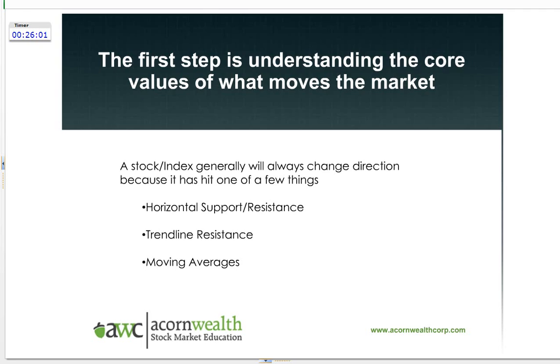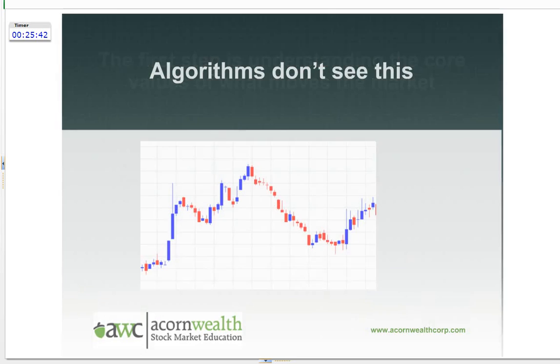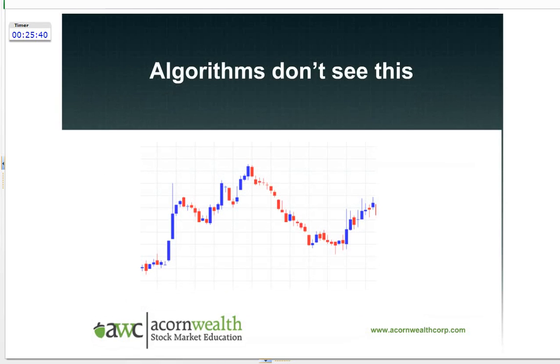Okay, so one of these three things. In my mind, the market is not chaotic. It's actually moving with a high degree of control, but you just simply need to know where those points are where things could change.